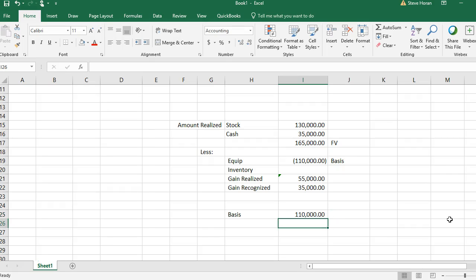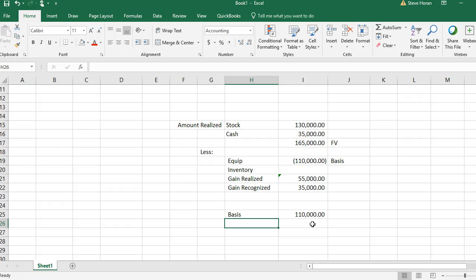So this is 110, the 35 gain and 35 cash offset. So her basis just goes back to the basis of the equipment that she contributed, and it's 110. Simon's basis is really simple. It's just the cash. Simon contributed 130 of cash. That is Simon's basis. Okay, so that was that one.